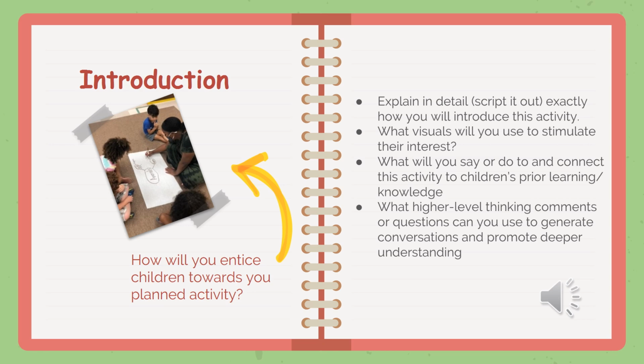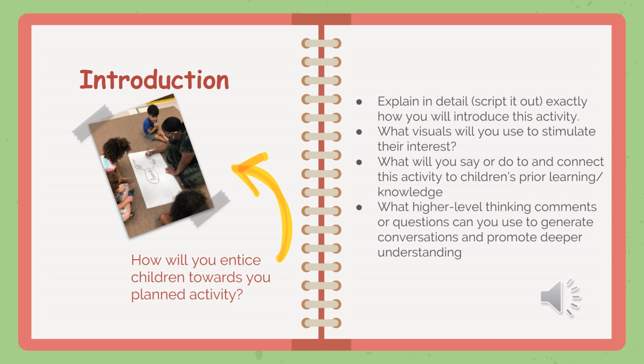The next two sections will probably be the lengthiest of your written activity plan. The introduction is how you're going to entice the children to want to do the activity that you've planned for them, but also it should be some details on how you're going to connect it to the theme, in your case, or prior learning if you're actually going to implement this with a group of children.